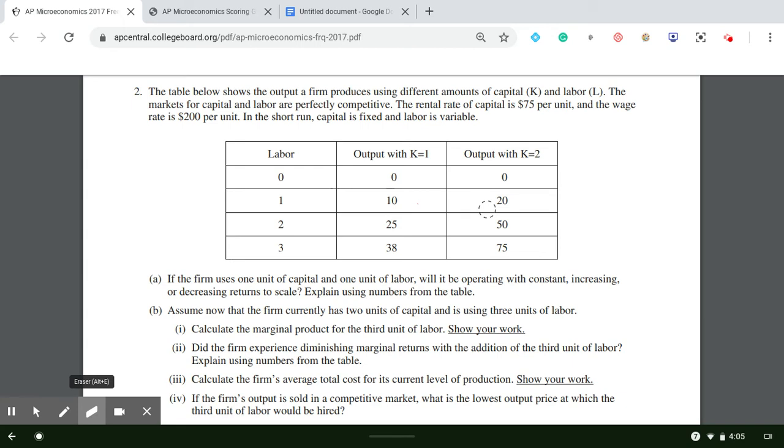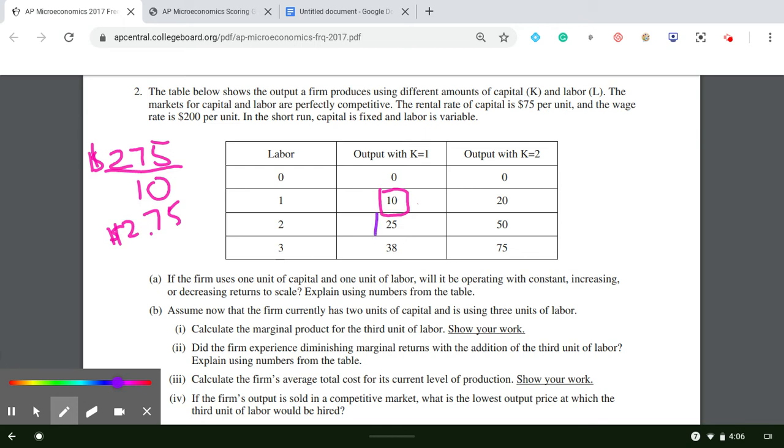You could also do it with some average total cost. The average total cost right here, one piece of capital, so it's about 275 is the cost here per unit. We produce 10. So it'd be about 275 when we're producing right there. If we move to 25, that's two pieces of labor. So two pieces of labor is 400.